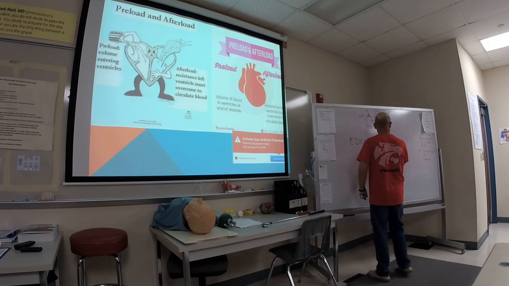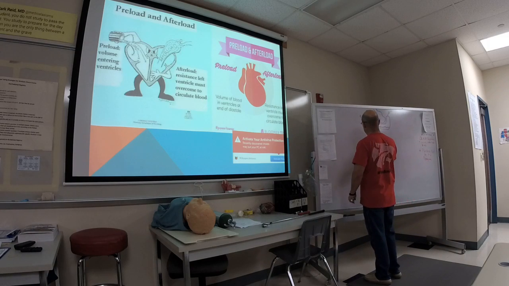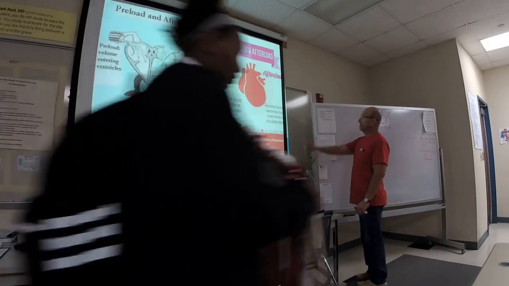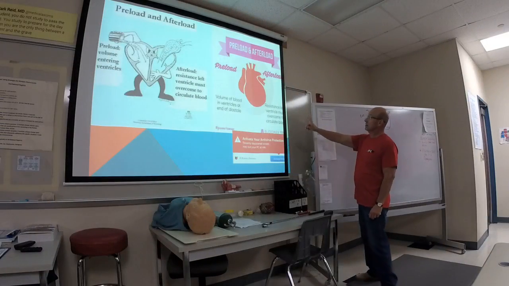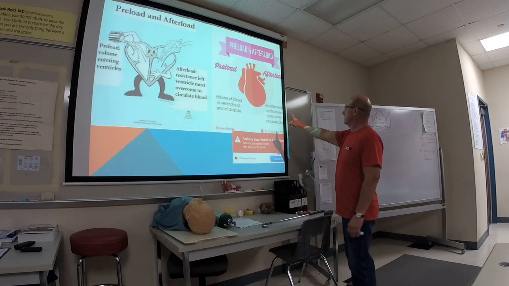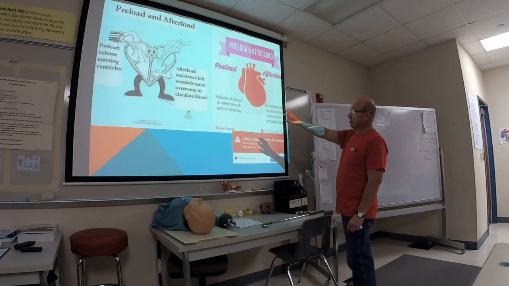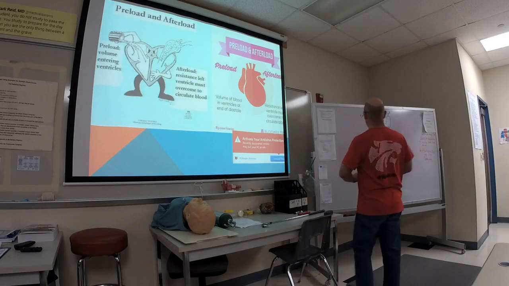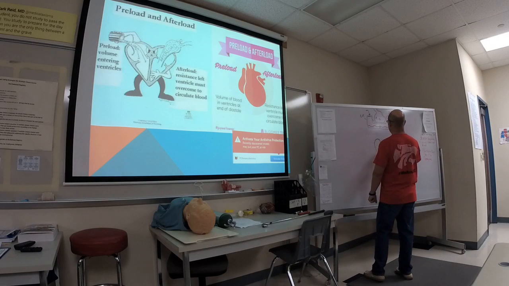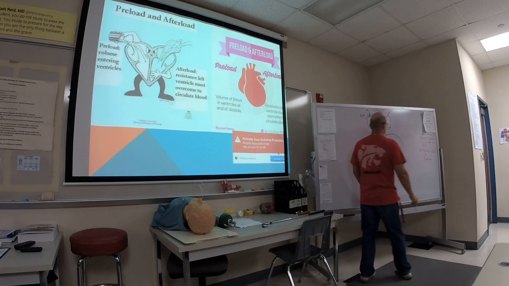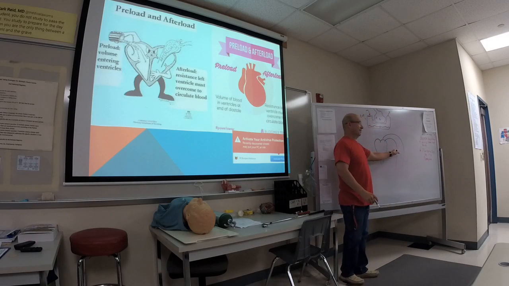Afterload is the resistance that the ventricle has to overcome to circulate blood. So let me draw again. This is the aorta, right? Heart.